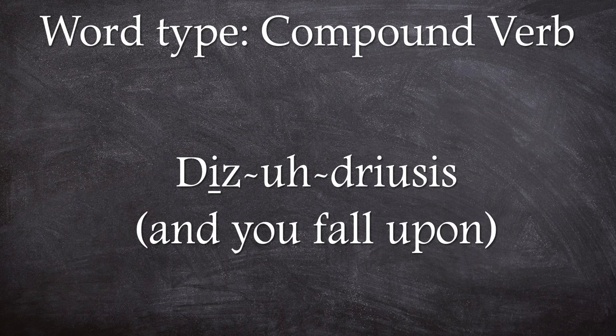It's being encliticized onto the prefix itself. So all the stress is going to move to the first prefix, the first element of this compound verb. Here we would say desuchtrusis.